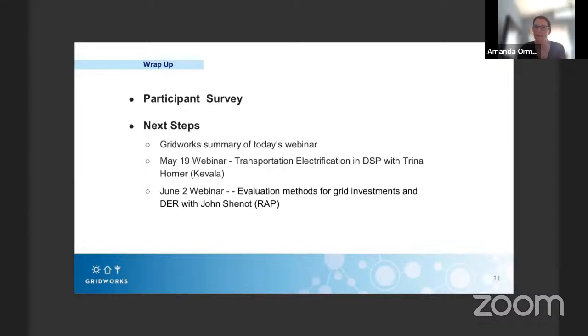That's May 19th. And then June 2nd, we'll talk about how to evaluate grid investments, focusing on both how utilities apply for funding and how the PRC evaluates these investment opportunities being put forward.